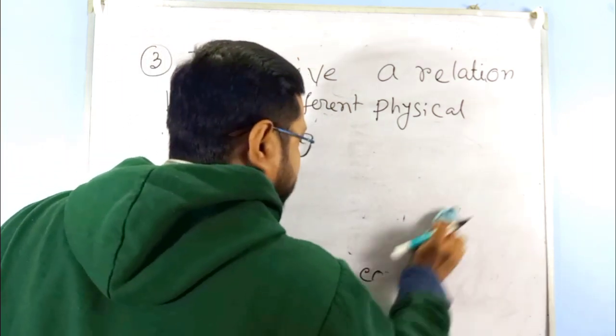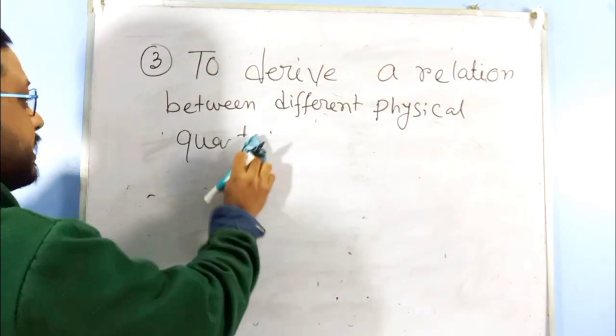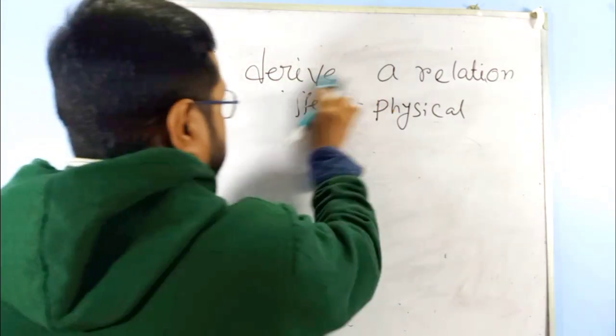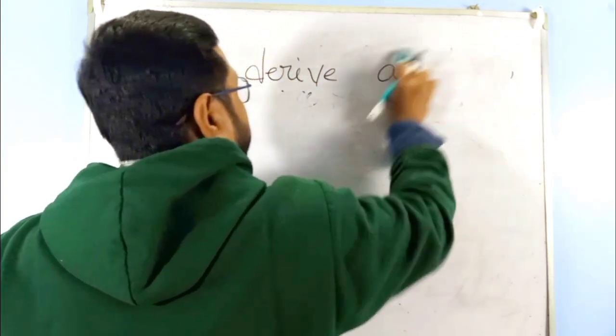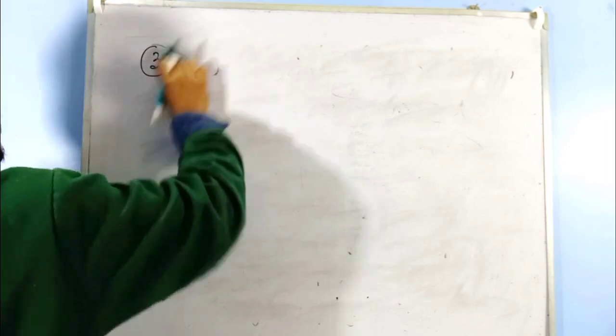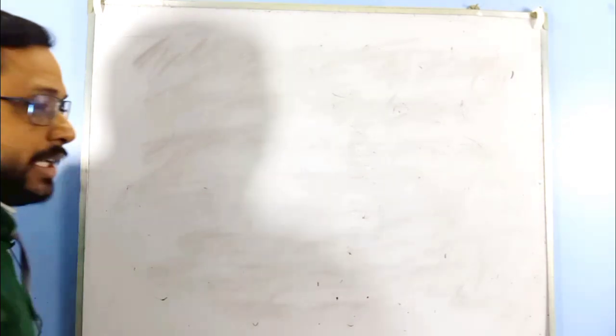Suppose a physical quantity has two parts. One is its numerical value and the other is its unit. Suppose there are two different systems of unit.